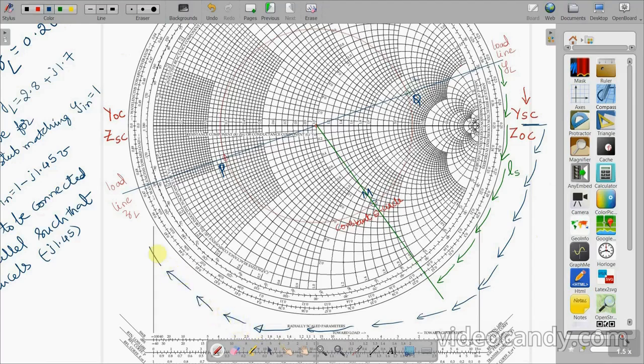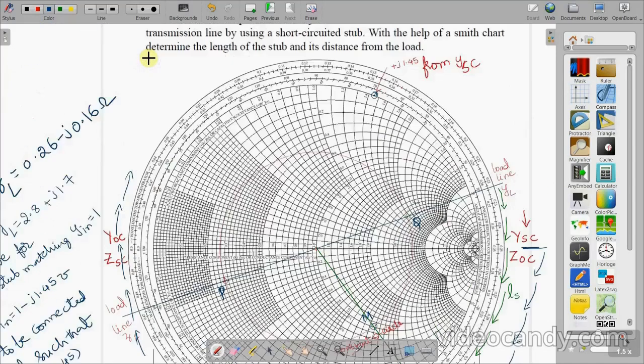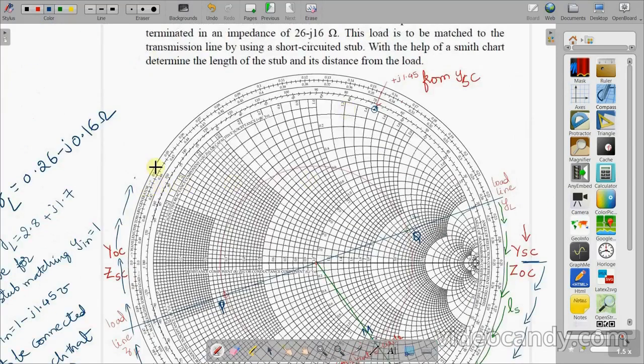Once connected, we will achieve the objective of impedance matching for the actual transmission line. And it is represented as LT.